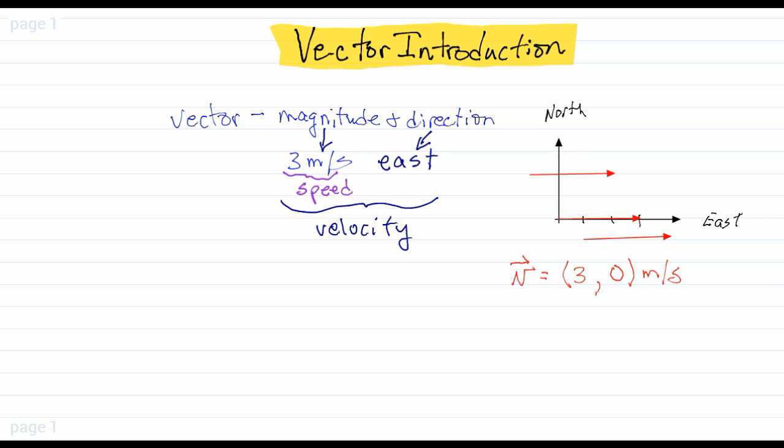Okay. Now, what about if a vector is shifted in more than just one direction? So let's pick another color here. And let's draw a vector. Let's say we have a vector which goes 2 units in the east direction, and let's say we've gone 3 in the north.